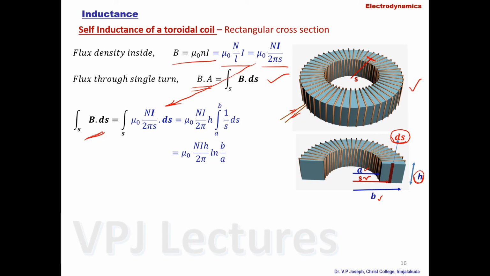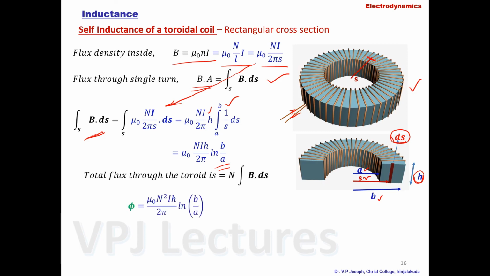So only we are taking the a to b integral here, because for 0 to h there is no change, so we are taking h outside here. So mu 0 ni by 2 pi h into integral a to b of 1 by s ds, and integral of 1 by s we know is equal to log b by a. So the expression changes to mu 0 nih by 2 pi log b by a.